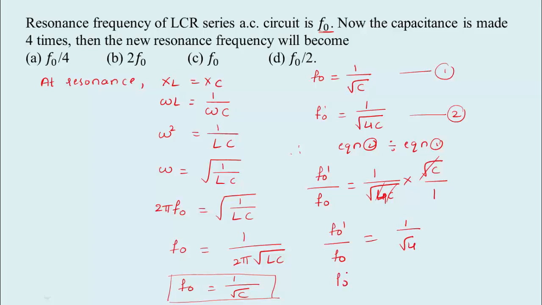So F0 dash is equal to F0 divided by root 4, that gives the value F0 divided by 2. Root 4 is 2. So the new resonant frequency is F0 divided by 2. That means the new resonant frequency is half of its initial resonant frequency. So F0 by 2, that is option D is correct.